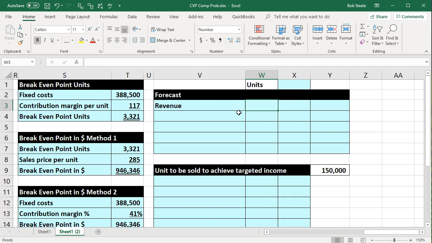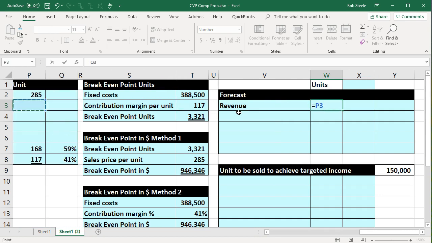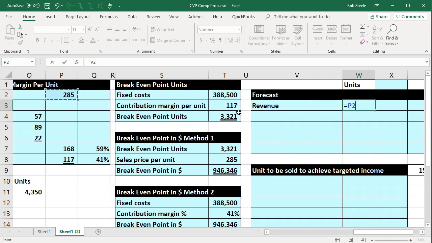So I'm going to break this out into a per unit basis. We're going to say that the revenue per unit is in essence our sales price, which we calculated over here. Again, it could change if we're forecasting into the future, but we're going to use the same number here. We're going to assume that our revenue is going to be constant, the same sale per unit of what we're selling in the next year.